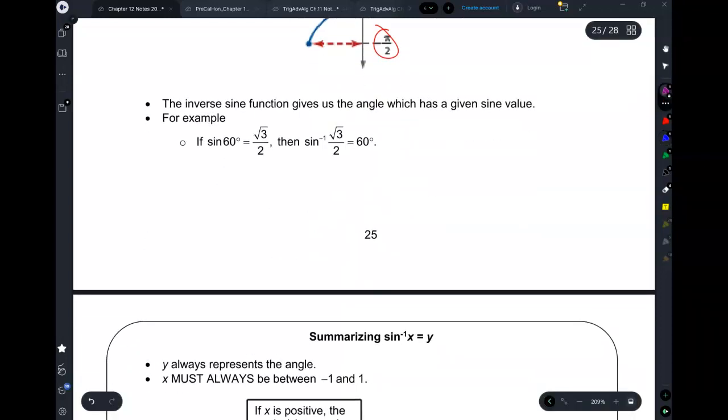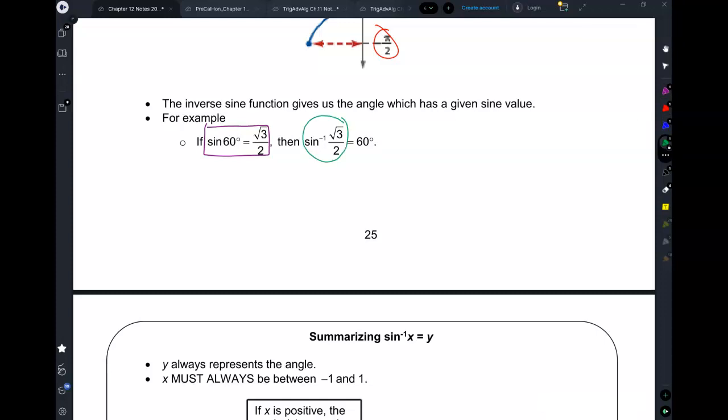Here's one way we can use the inverse functions. We all know that the sine of 60 is root 3 over 2, right? We learned this right before we started graphing. So now, if I were to ask you this question, inverse sine of root 3 over 2, what this is saying is, what is the angle for which the sine is root 3 over 2?